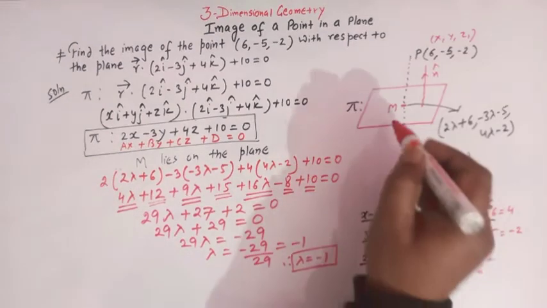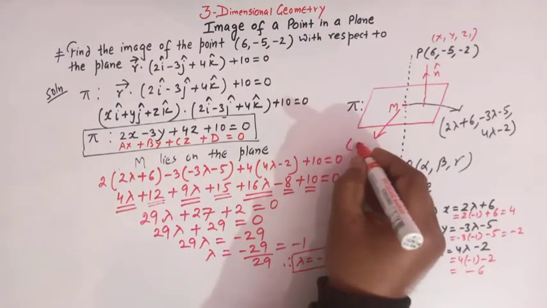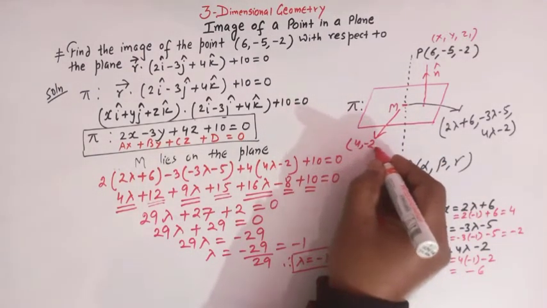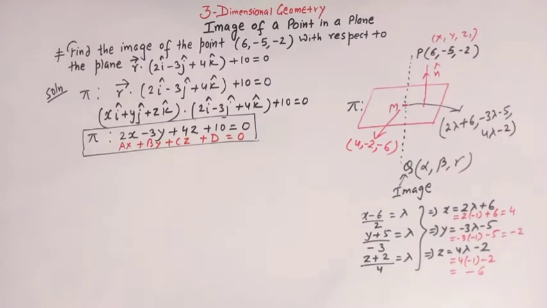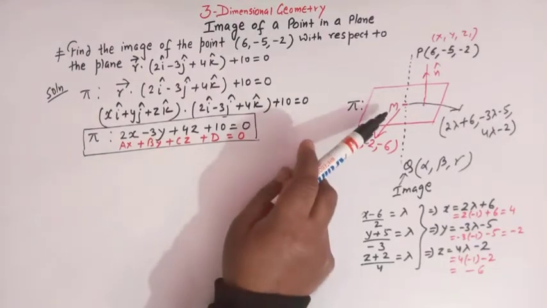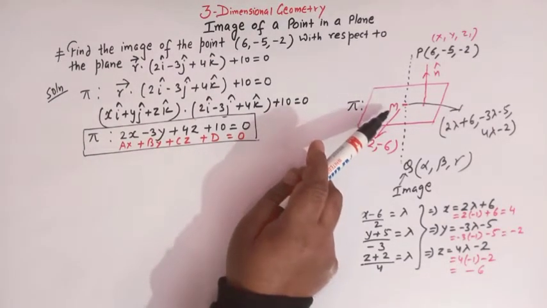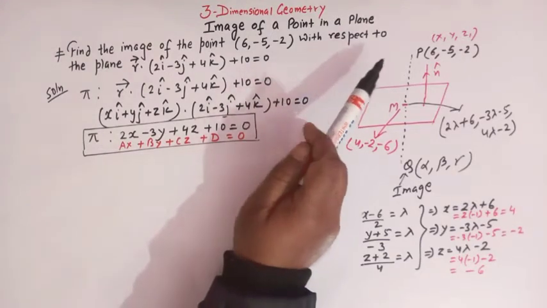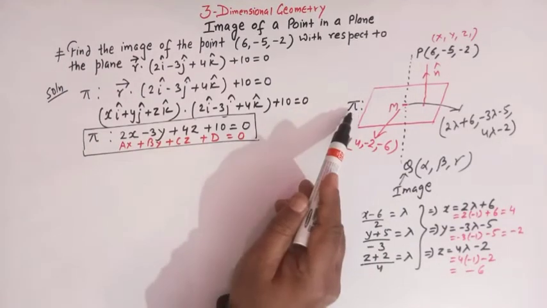Right, so the coordinates of this point M are now given by (4, -2, -6). Right, so now here we have obtained the coordinates of this point M, which is the foot of the perpendicular drawn from this point P to the plane pi.